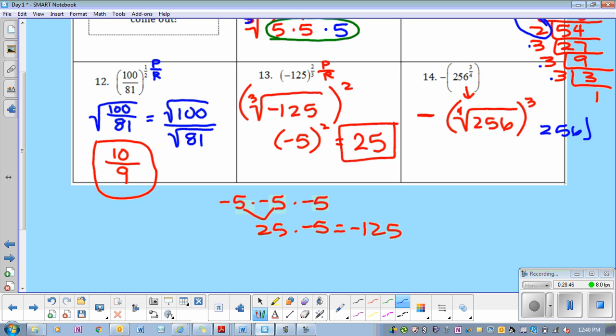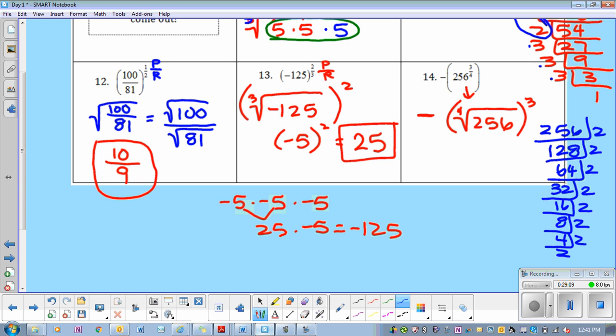We can break it down. 256, what's 256 divided by 2? 128. Divide by 2. Divide by 2. And 2. 2. 2. And then 1.